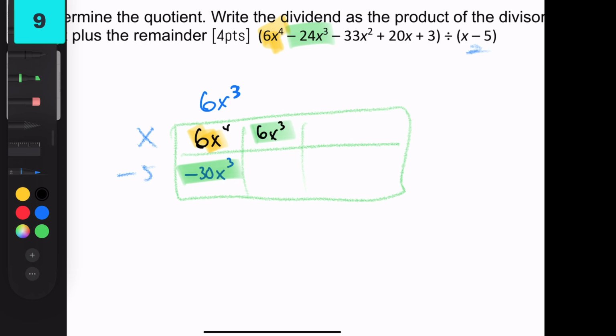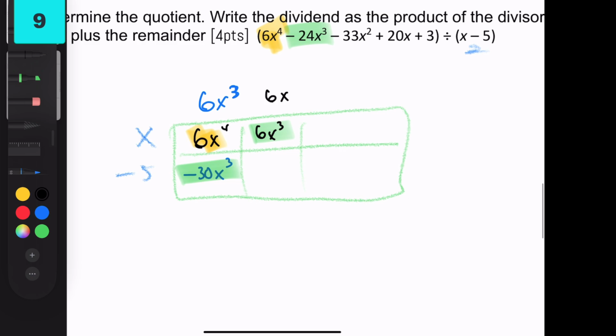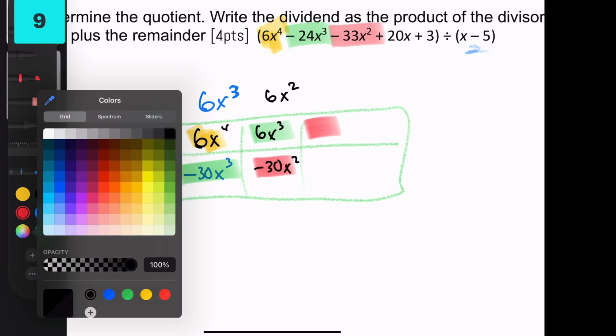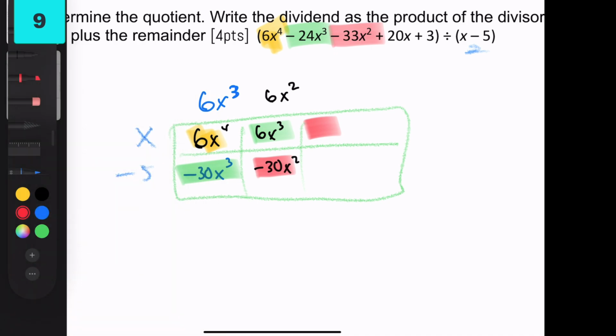And then you just find the stuff on the outside. So that becomes 6x squared, negative 30x squared. These will add to be negative 33x squared. So that's going to be a minus 3x squared.